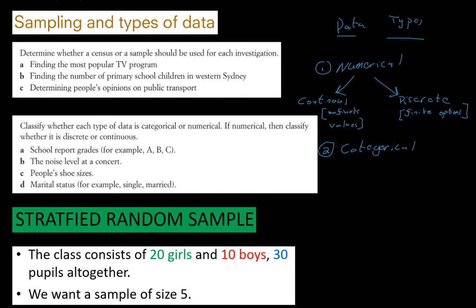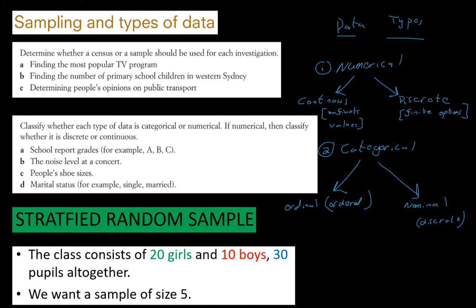Okay, so categorical has two types as well. We have ordinal, i.e. ordered data, and we have nominal, which is discrete.